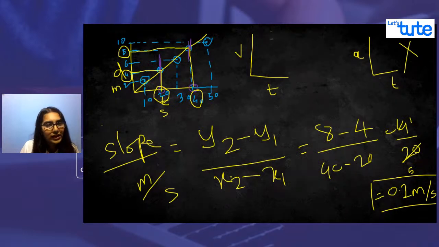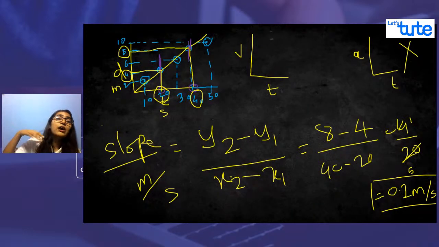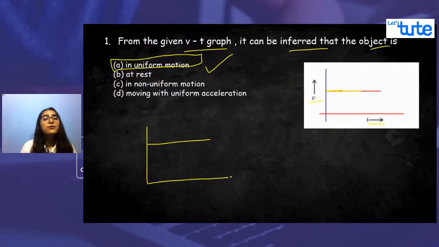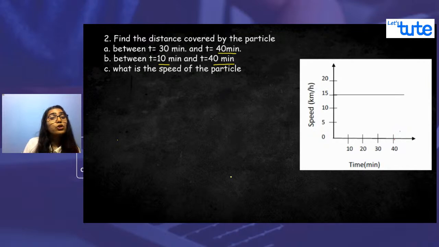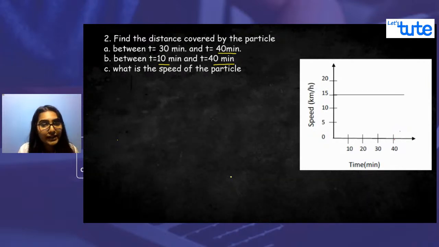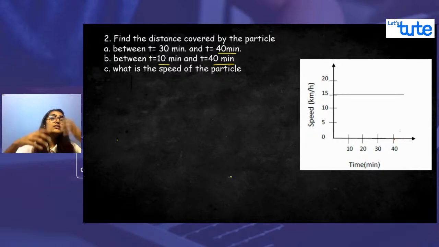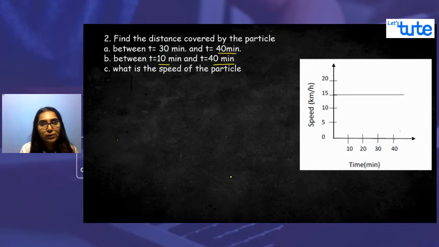Acceleration doesn't come in your exam, so I've not covered that. In distance time graph, we've covered how to find out the speed of a body. In velocity time graph, if you want to find out the distance traveled by a body, you just take the area. But if you want to find out the acceleration of a body, it's exactly like finding the speed. That is, you have to take a slope. The moment you take a slope, you'll find out the acceleration of the body.